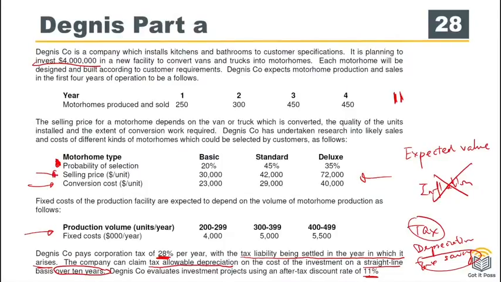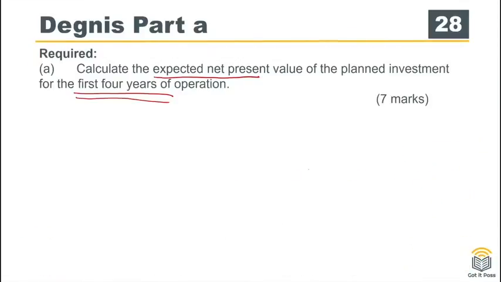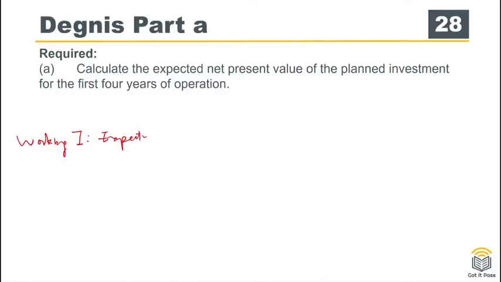And for the selling price, we have not only one selling price, we have three different selling prices with three different options. And in each option, there's a probability assigned: 20%, 45%, and 35%. So here, first of all, in the first working, we have to calculate the expected value on selling price and conversion cost.